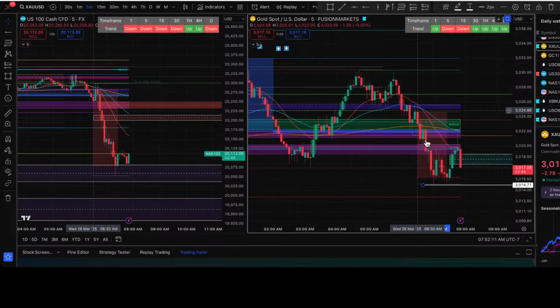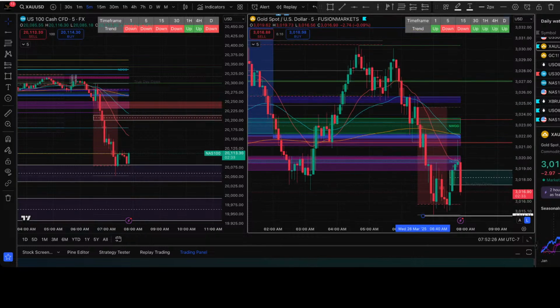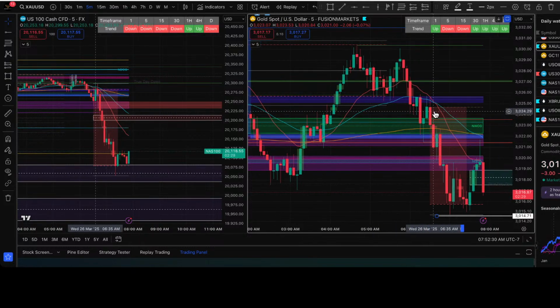This was a pretty big drop in gold. I would have liked to see it manipulate down, then pull back to the EMAs and our blue zone and drop. But just like we were mentioning over there, look at this. There is no support and resistance here, up there and down there.